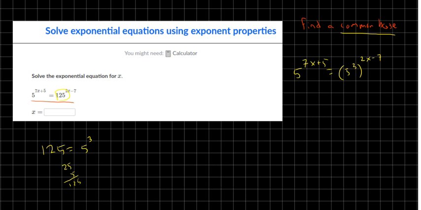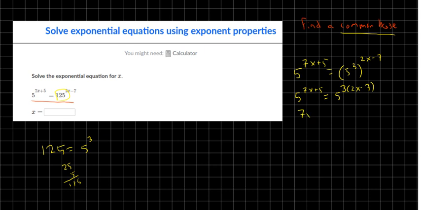And now we can use that power of a power rule. So we're going to multiply these together. So I'm going to have 5 to the 7x plus 5 power is equal to 5 to the 3 to the 2x minus 7 power. Okay, let's try it one more time. So now I have two bases, and the values are equal, so I know that the exponents are equal.